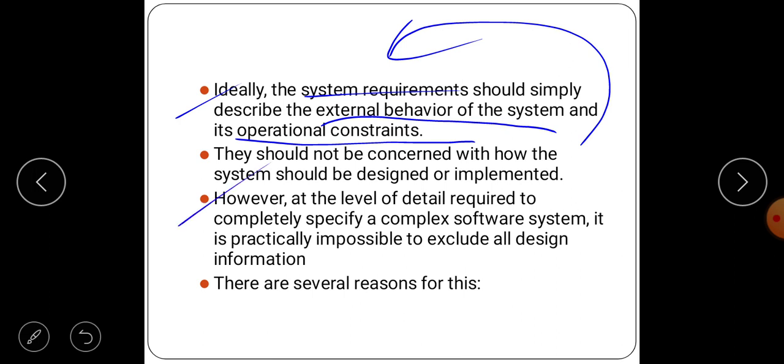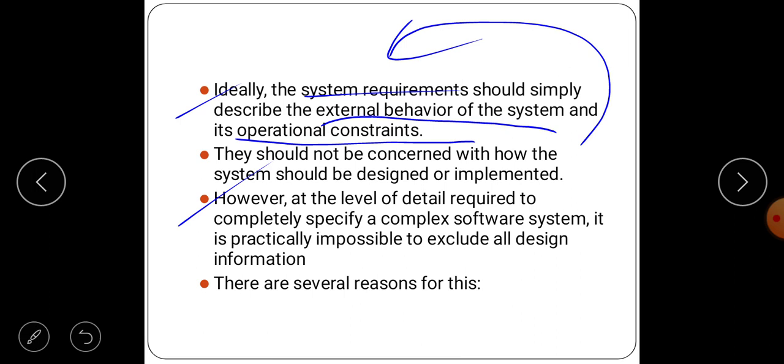Okay. Next, however, at the level of detail required to completely specify a complex software system, it is practically impossible to exclude all design information.